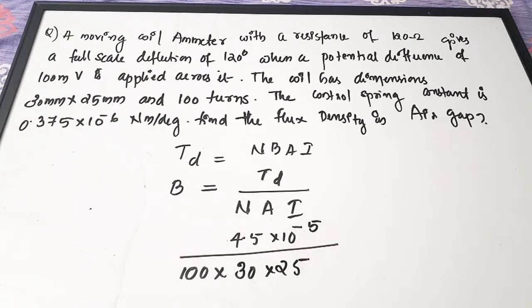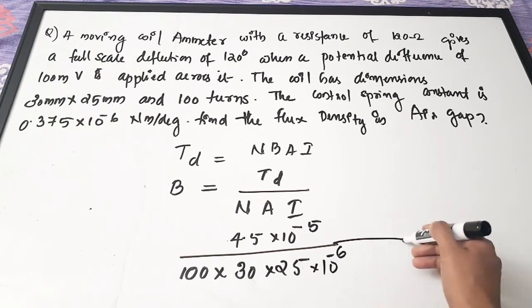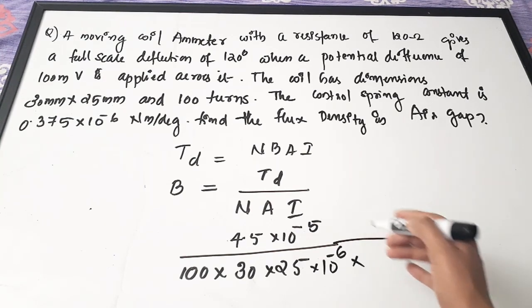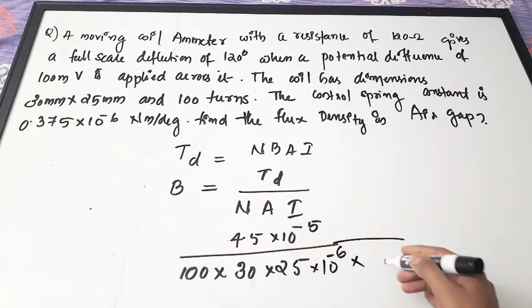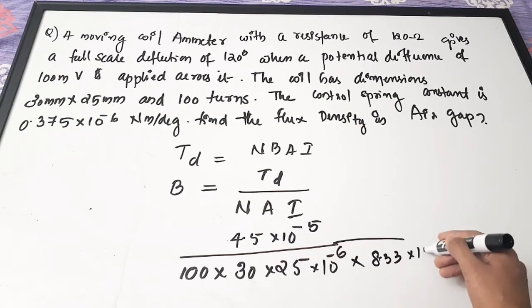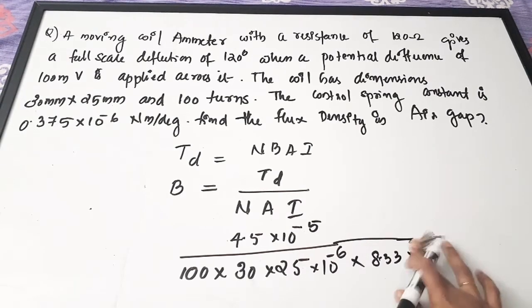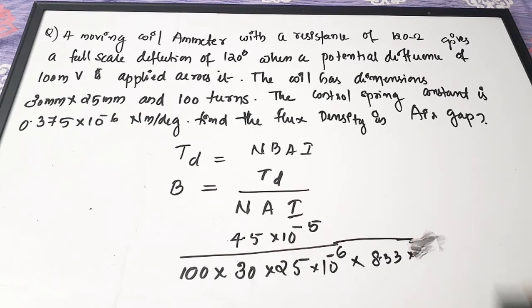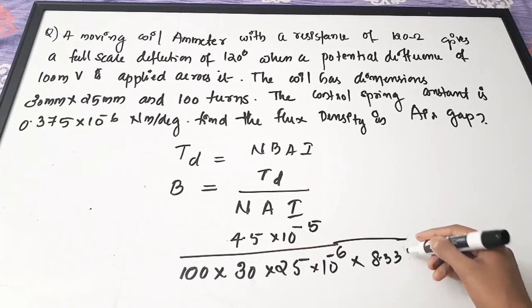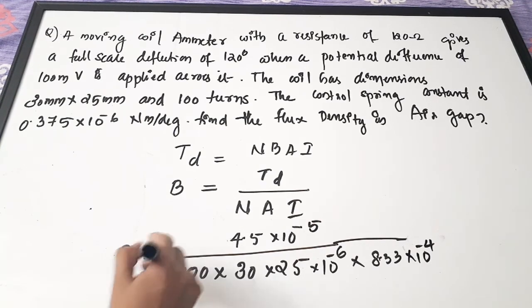So 30 into 25 into 10 raised to minus 6, then into the current value which we found in the first step. So it is 8.33 into 10 raised to minus 4 amperes. So this is the equation you need to solve to find the flux density B.